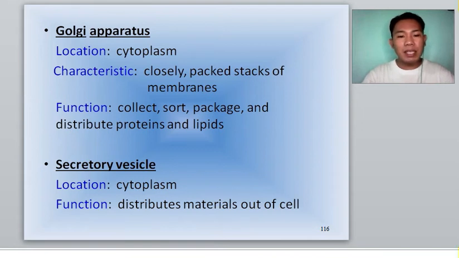Another, we have the secretory vesicles. These secretory vesicles are distributed in our cytoplasm, and they function for the distribution of materials out of the cell. Some materials that are distributed by our secretory vesicles are the products of metabolism of the cell and some other waste products.